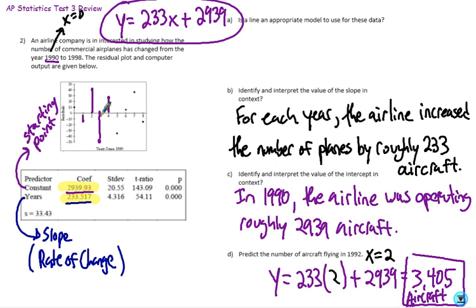And we know that with the residual plot, if there is a pattern, then it's non-linear.